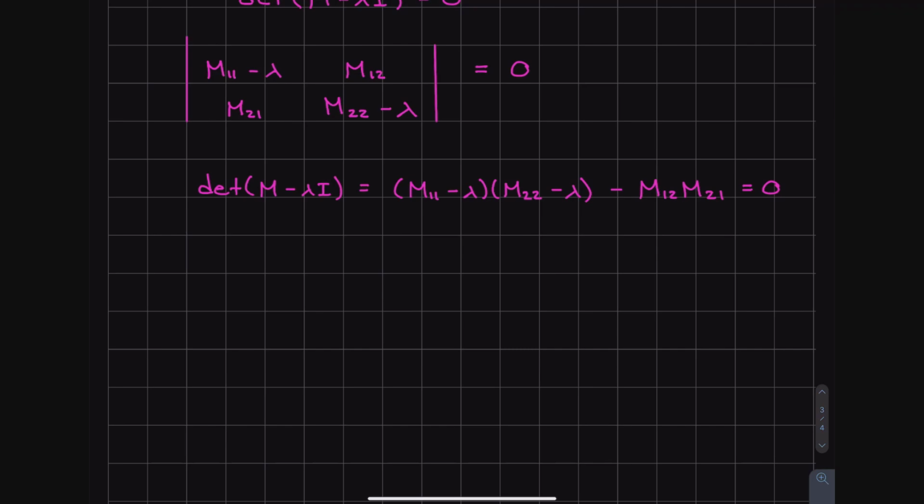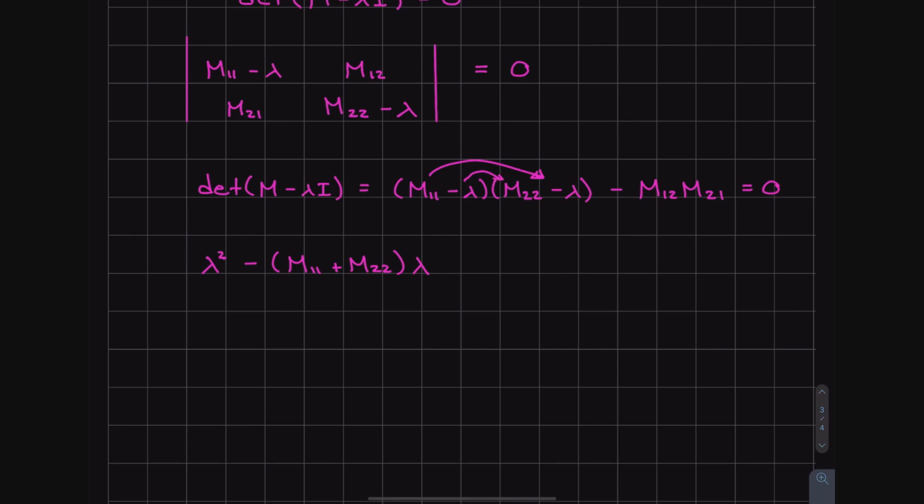If we were to factor in the M11s and the lambdas and just make it one nice equation, we're going to get lambda squared minus, and I'm just going to simplify this, M11 plus M22 times lambda. This comes from lambda times this one, and then lambda times this one right here.